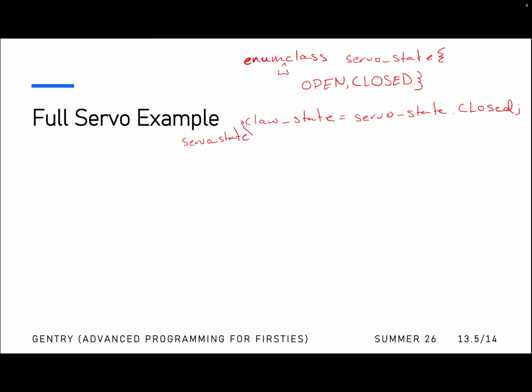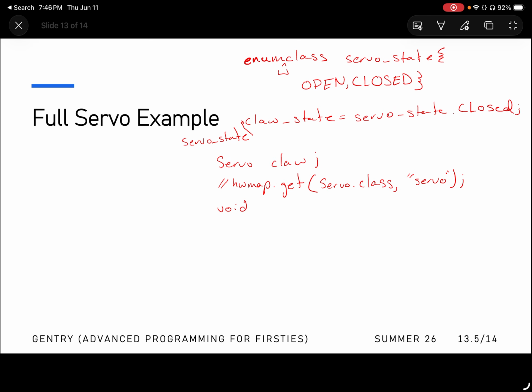Then we just need to define our servo, which would be done with Servo claw, and then later we would define it with hardwareMap.get(Servo.class, "servo"). So then we would define a void function. This void function would say that we want to open claw, right? And what would this do?